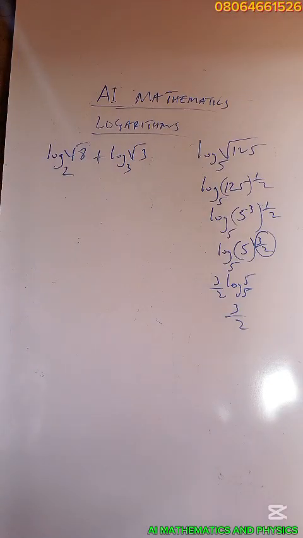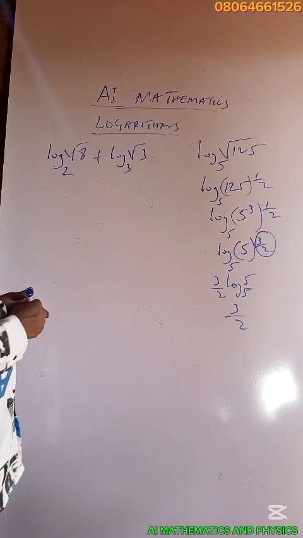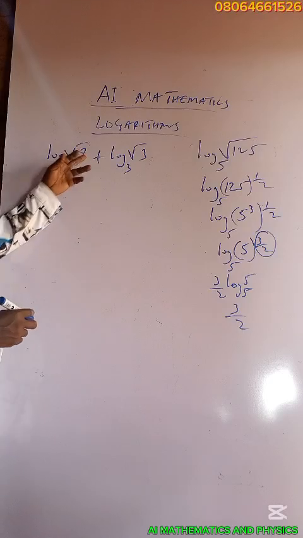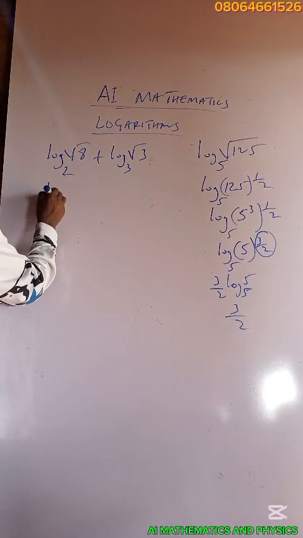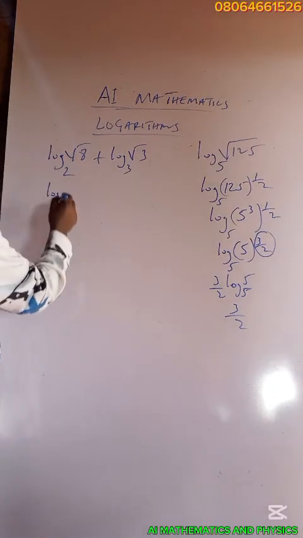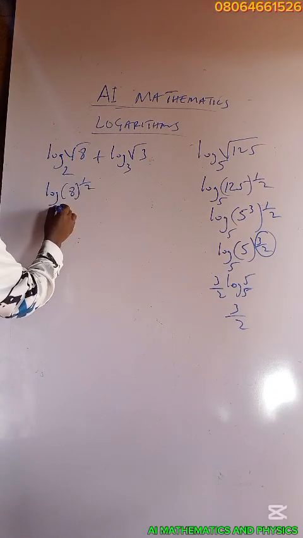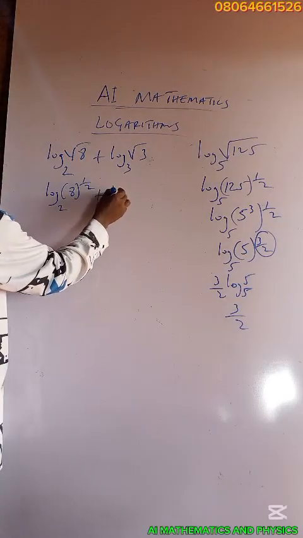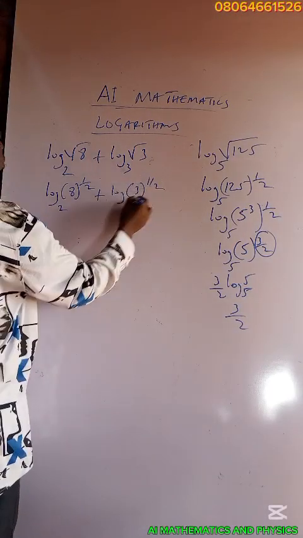You can see that they don't have the same base, so we cannot multiply. It's obvious that 8 is family of 2, but you can do something first. Just like what we did there, we have 8 raised to 1 over 2 base 2 plus log 3 raised to 1 over 2 base 3.